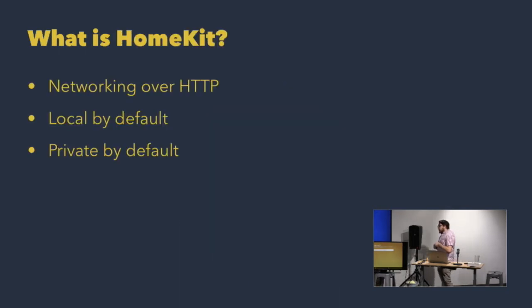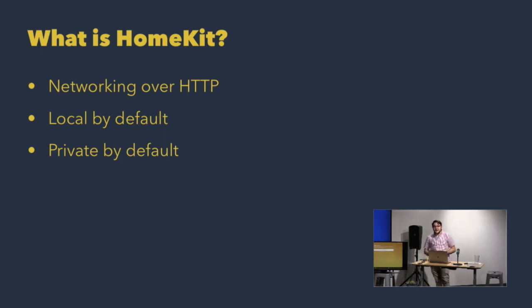So it is a networking platform that describes a superset, a layer on top of HTTP, for accomplishing these common Internet of Things, home automation-oriented tasks. We'll talk more about what those kinds of things mean in a second. But what sets this system apart from basically everything else that's going on in the Internet of Things industry is that HomeKit starts and ends inside your home.